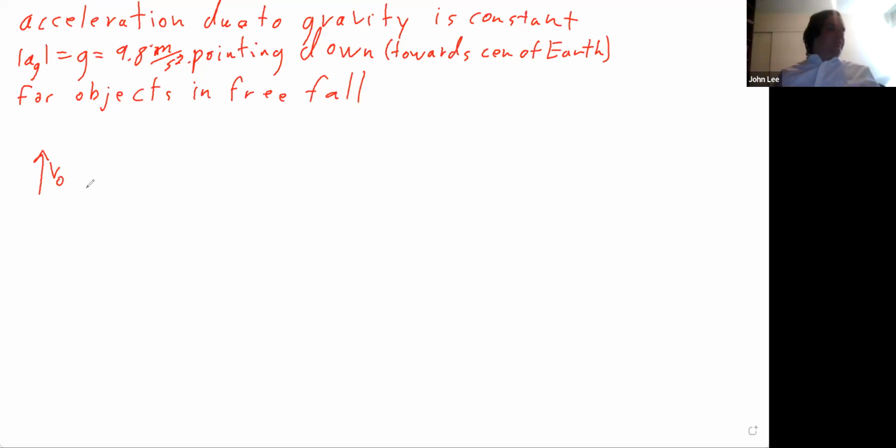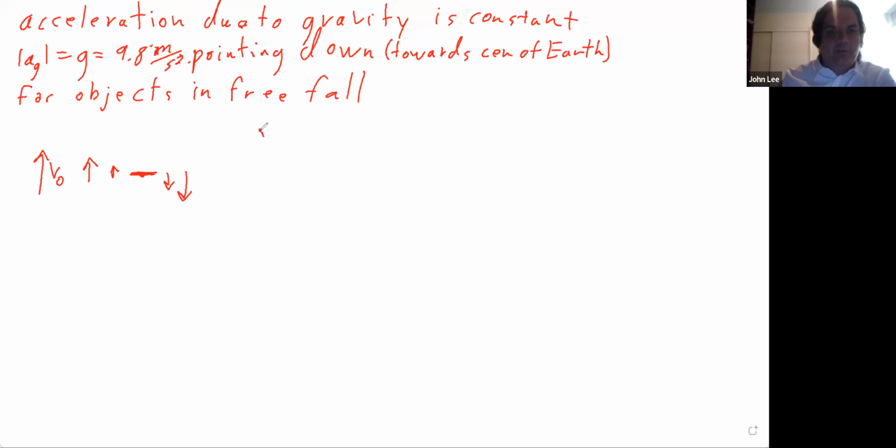The acceleration due to gravity is going to slow down this v naught. It's going to keep slowing down the velocity over time until it stops and it starts going the other way. So the highest point that you're going to reach is going to be right when it stops, right when velocity equals 0, right before it starts going the other way.